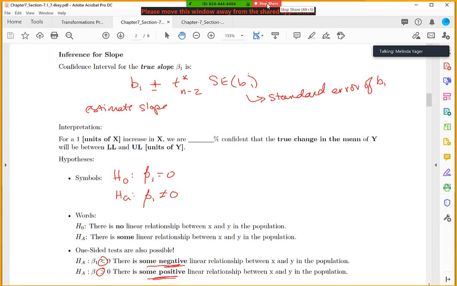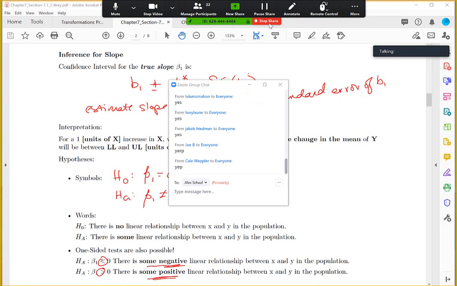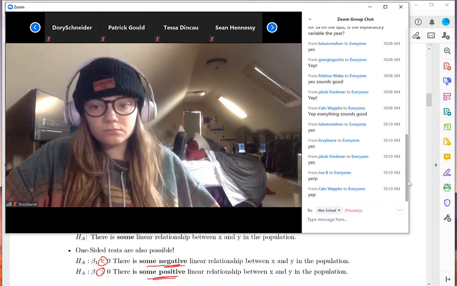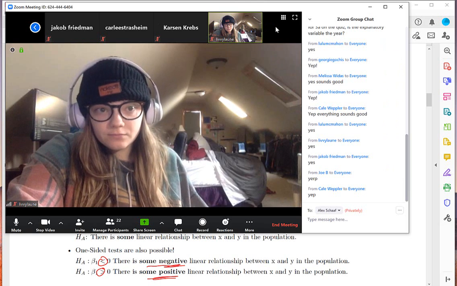So any specific questions right now about confidence intervals for slope or testing of slope? Any questions?